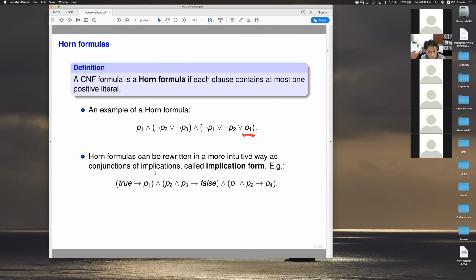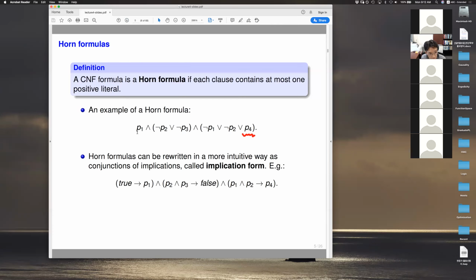If you write it in the so-called implication form, then a Horn formula is one where the left-hand side of each implication contains either true or just propositional variables, and the right-hand side is either false or contains one propositional variable.